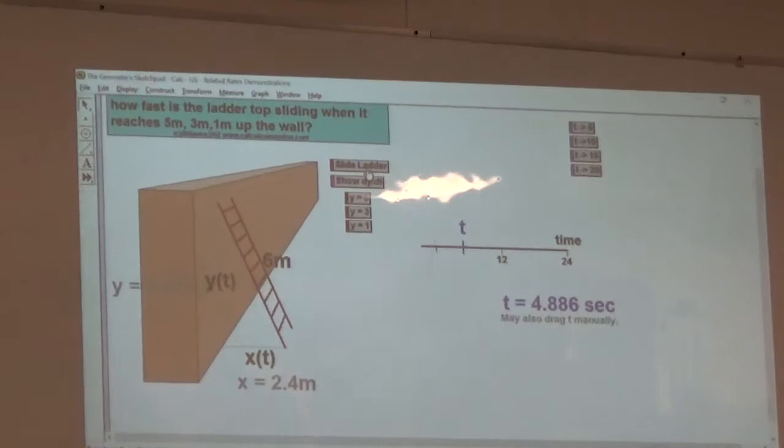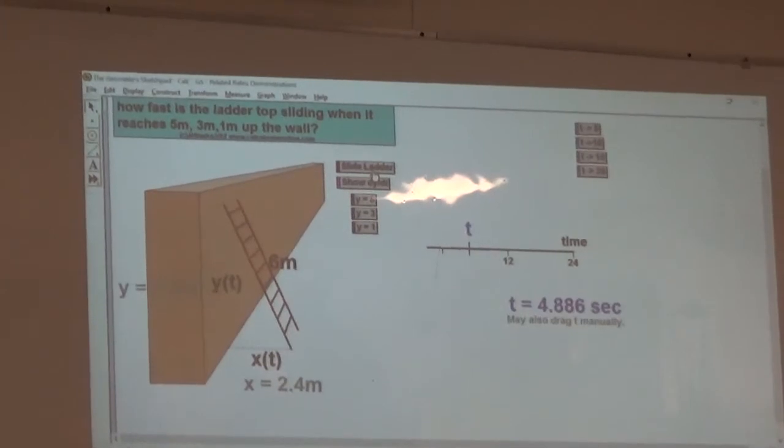You're pulling on the bottom at the same rate, so it kind of seems logical that it might slide down at the same rate. How many are going for that? Some people are willing to commit. Karina's like, nope, that's not going to be the way. Garrison, what are your thoughts? Yeah, the rate that you pull the ladder is the same as it would go down.